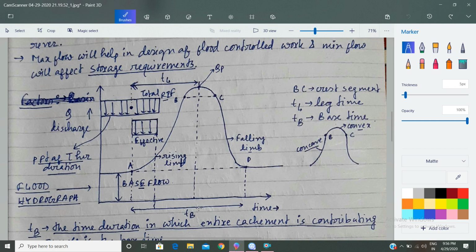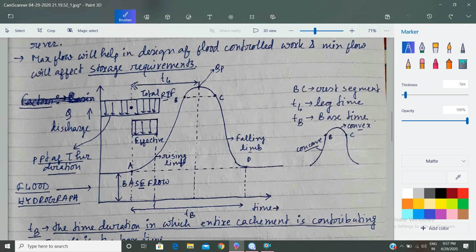You need to understand that, because if peak discharge occurs, there may be a possibility of dam failure or hydraulic structure failure. So it is of greater importance to study the peak discharge characteristics and the stream flow characteristics due to this peak discharge in the stream. Okay, so for this reason we generally study this peak discharge in a hydrograph.